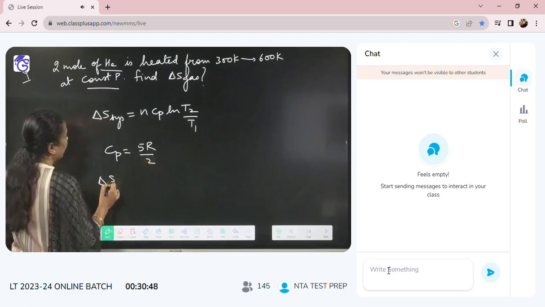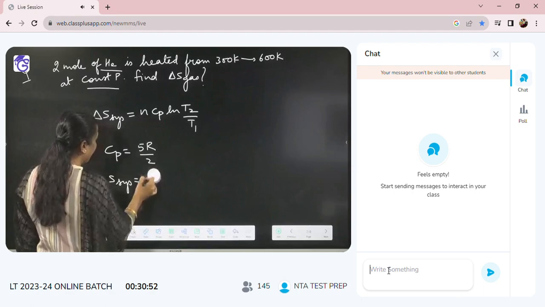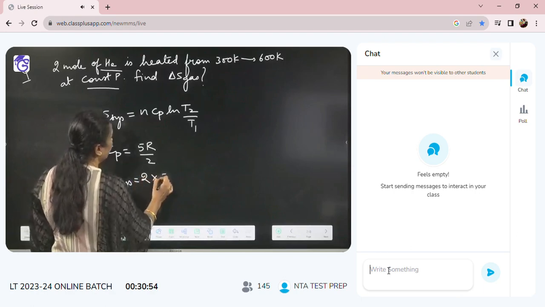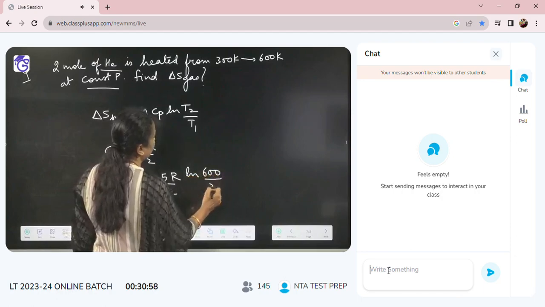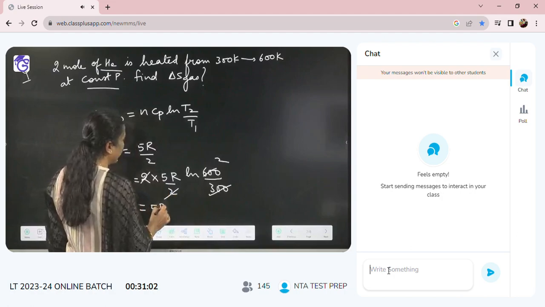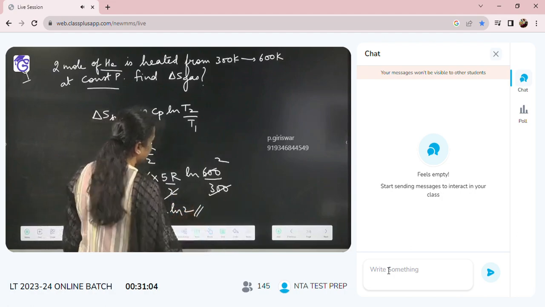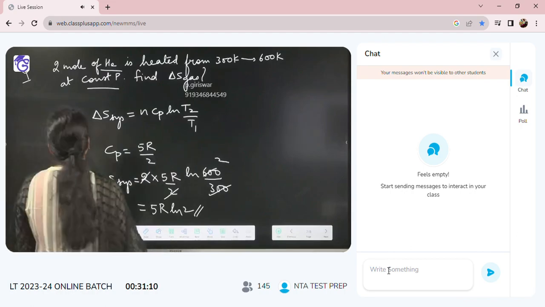So delta S system, what you are going to write down is 2 moles I've given you, 2 into 5R by 2 ln of 600 upon 300. So we'll be getting actually 5R ln 2. Right, good. Many people have given the correct answer.